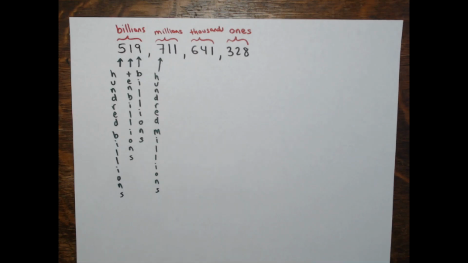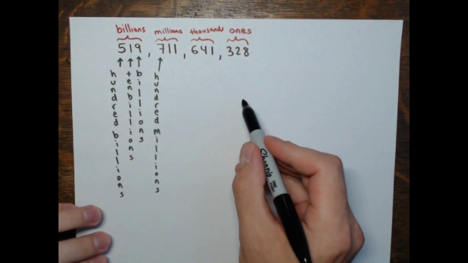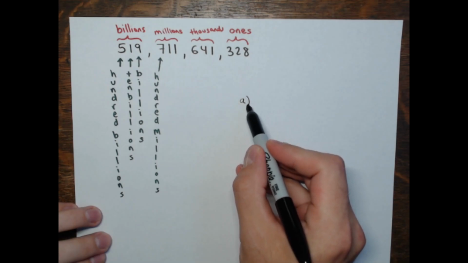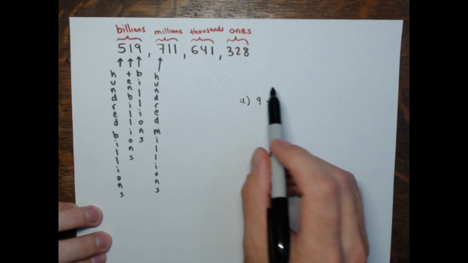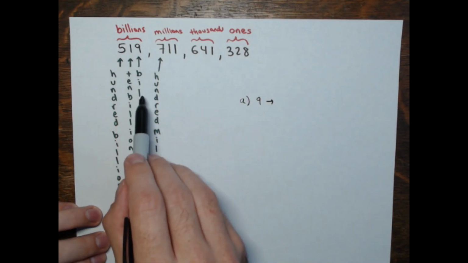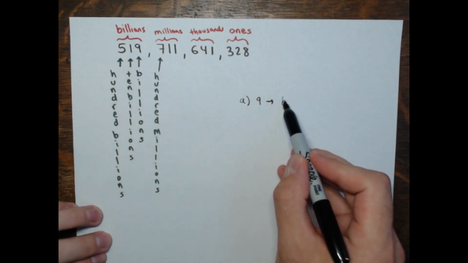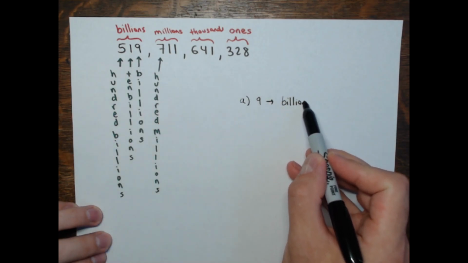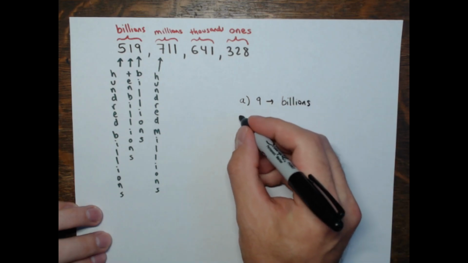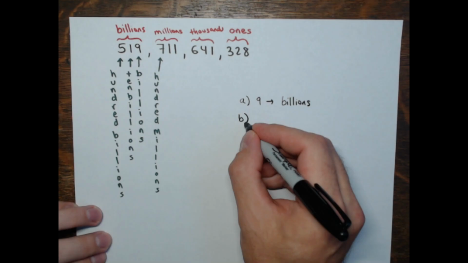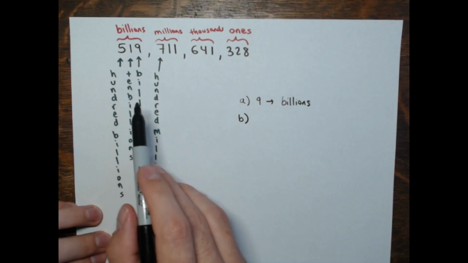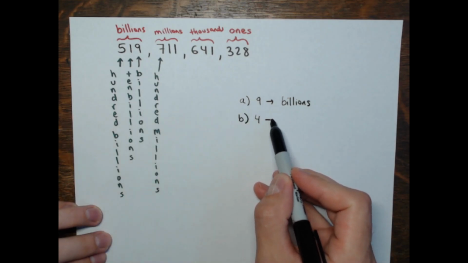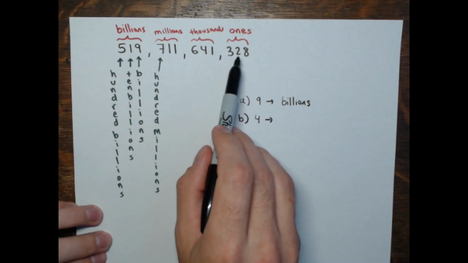Okay. All right, so going through the parts of the problem, what they're asking us. Part A is, the digit 9 in this number, I've already mentioned, is in the billions place. Then the digit 4, part B. There's only one 4 here.